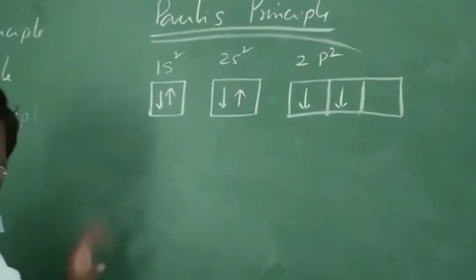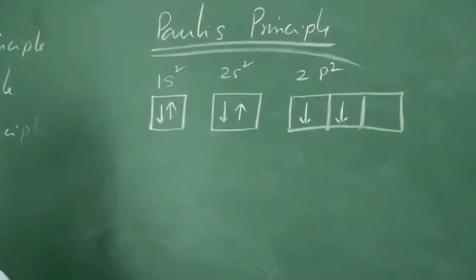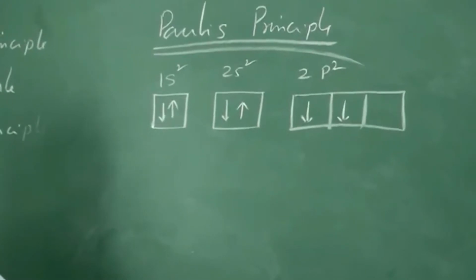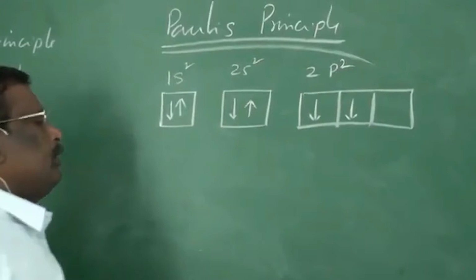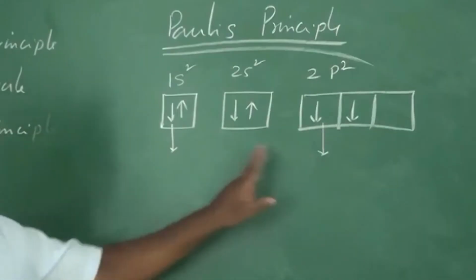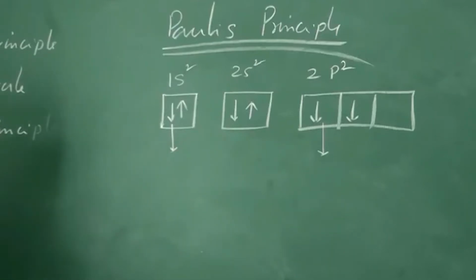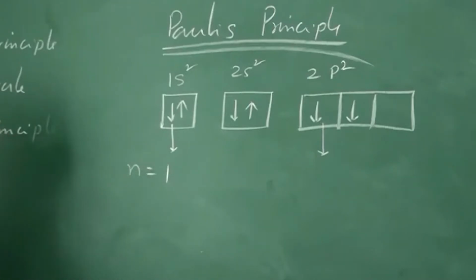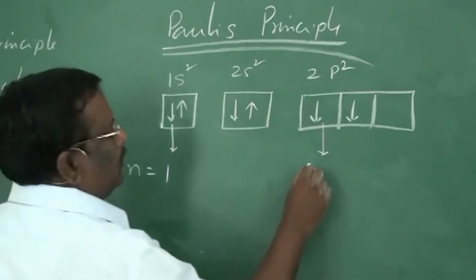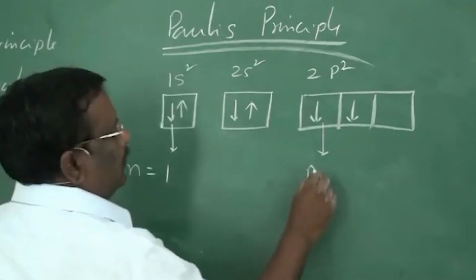Now choose any 2 electrons in this atom and let us write down the 4 quantum values. Let us take this one and this one. Let us compare these 2 electrons. First the n value. For this electron, n is equal to 1. For this electron, n is equal to 2, because it is 2p.